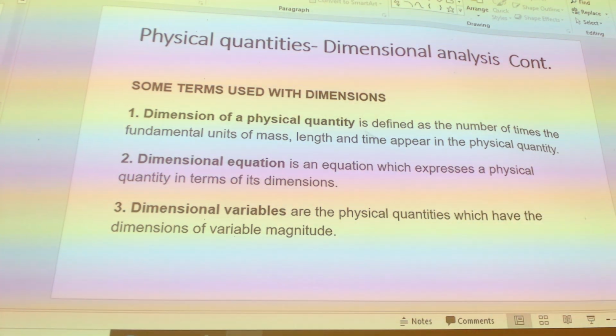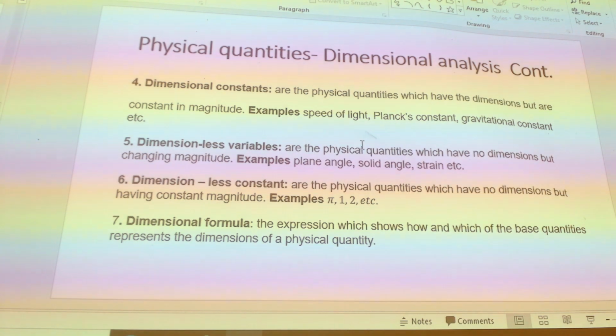which shows the physical quantity in terms of its dimensions. The other one we have to consider is dimensional variables, as we discussed earlier, which are the physical quantities which have dimensions and variable magnitude. If we continue with the same heading, the fourth one is dimensional constants. Dimensional constants are the physical quantities which have dimensions but are constant in magnitude.